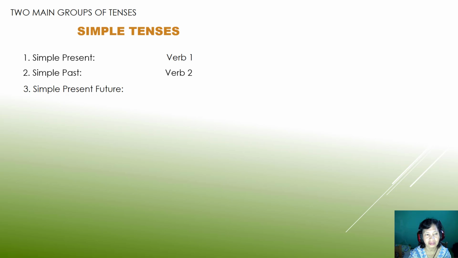That's why when you mention the name, it should be simple present future. The pattern is will plus verb 1. There is will here to show the character of future, and it is followed by verb 1.